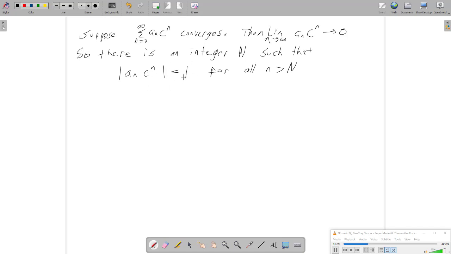I just picked 1, but because it converges to 0, it will get smaller than any positive number. So you could make it be 2, you could make it be 3. We're just picking 1 because we want to get a specific result. And just doing an algebraic manipulation of that, a sub n in absolute value is less than 1 over the absolute value of c to the n.